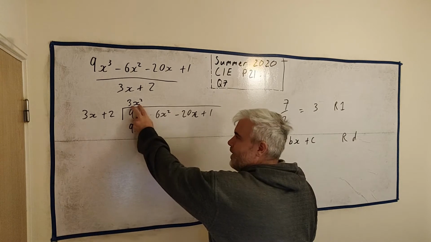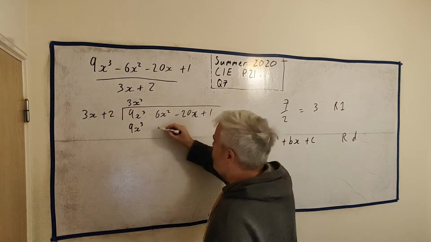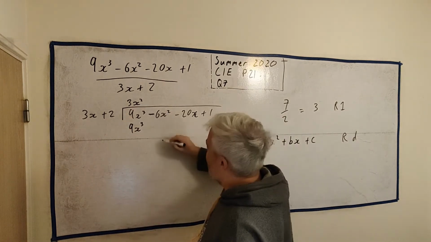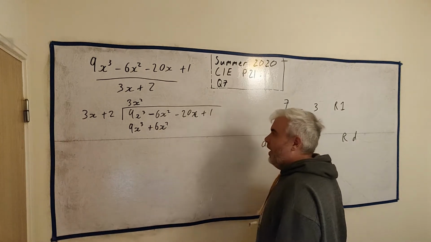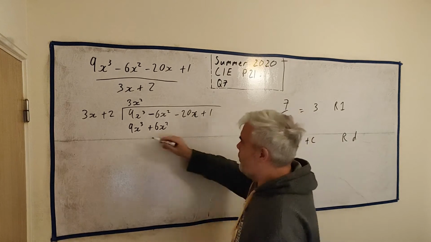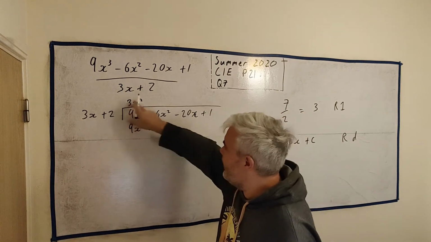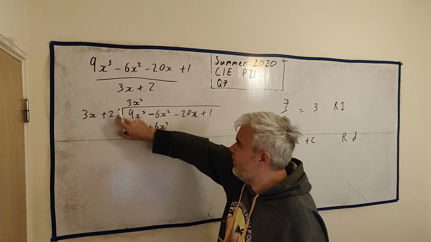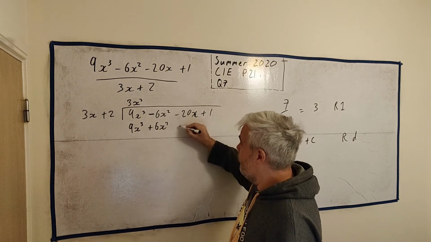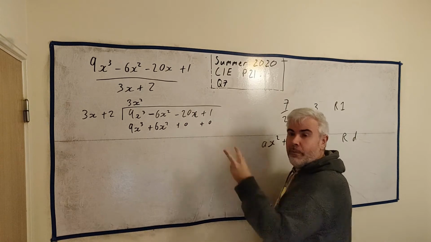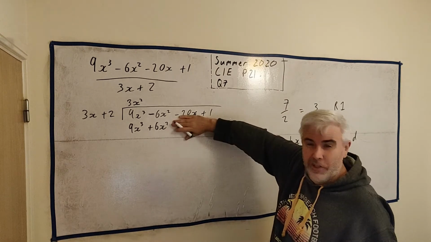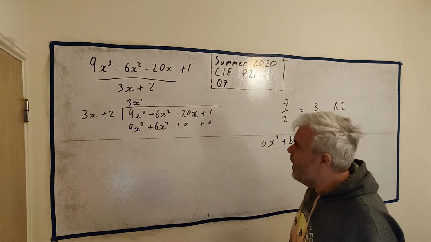But then if we stay multiplying, we multiply it by the 2, this should be a minus there, we get plus 6x squared. And that's all we usually write. You can go ahead and multiply 3x squared by the next number, which is 0, and the next number, which is 0, if you'd like this to match up every time. But mostly we just ignore those 2 parts.